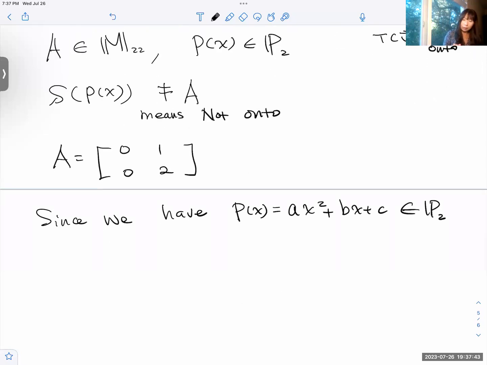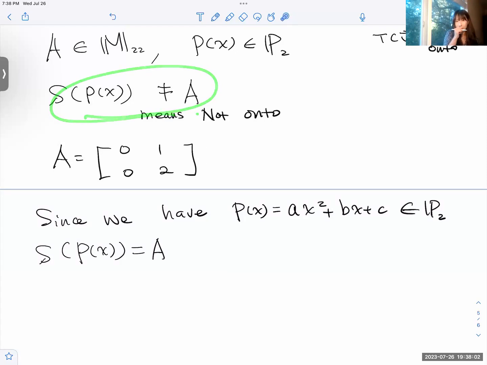Now let's say that S of p of x equals A. Actually, we want to show not onto, so we have to make it not equal to, but let's just say it's equal. What happens, right?